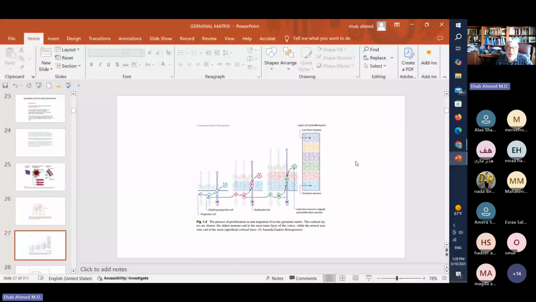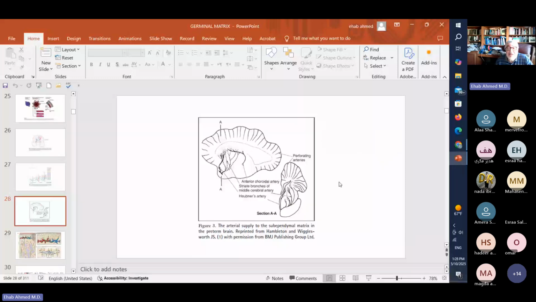And this is the blood supply of the germinal matrix, where you have the Heubner artery that gives you arterioles, and then the capillaries of the germinal matrix, which are very specific in structure and they're immature and fragile. And then come the venules and the veins, which will end up draining into the cerebral veins.